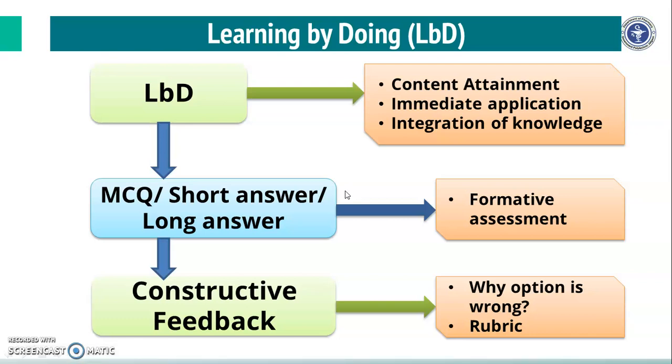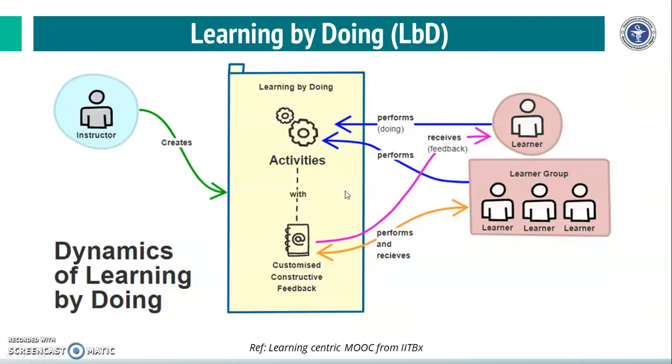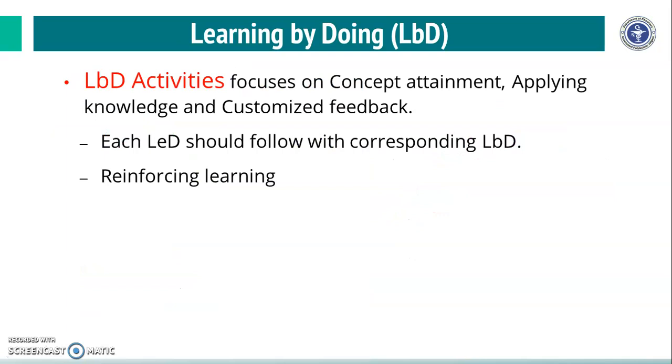Now, let's see learning by doing dynamics. Here you can see that the learner performs the activity and gets customized constructive feedback. Let's conclude that learning by doing activities focus on concept attainment, applying knowledge, and customized feedback.